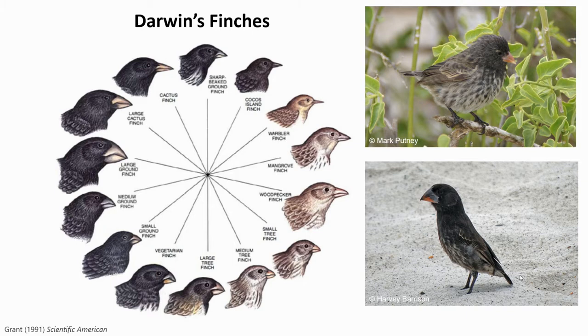But one of the best studied island radiations is the Darwin's finches. A few million years ago, a South American finch reached the Galapagos Islands and diversified into the species we see today, each adapted to a different food source. Species with a big beak can crack hard nuts, while pointed-beaked ones can feed on insects.